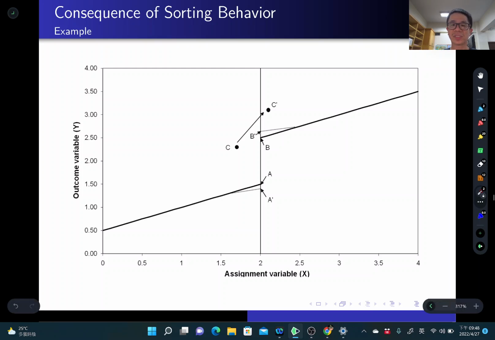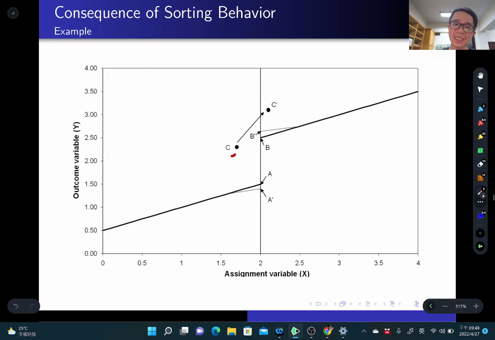Because now C prime, the position here, actually increases the average outcome right after the cutoff. So the estimate for this intercept will become B prime, a big increase, because C prime is bigger than the average outcome for the people right after the cutoff.